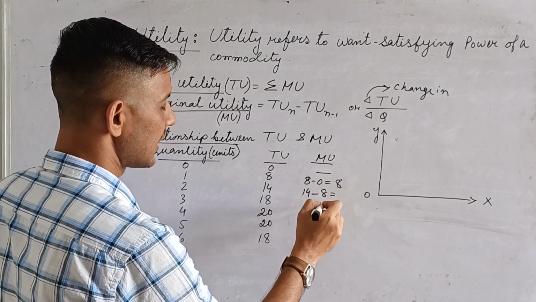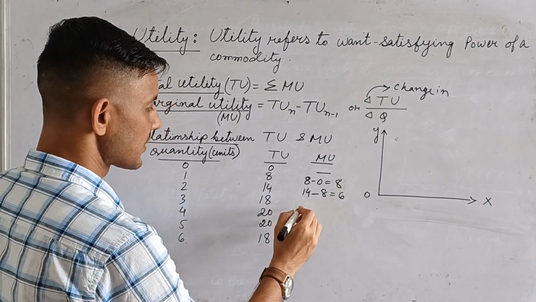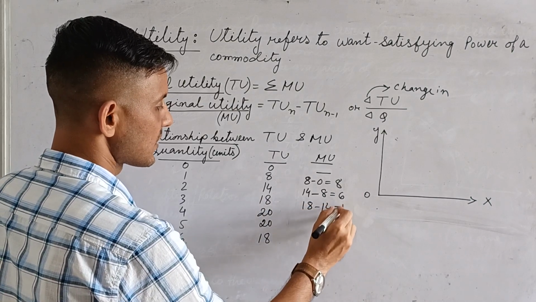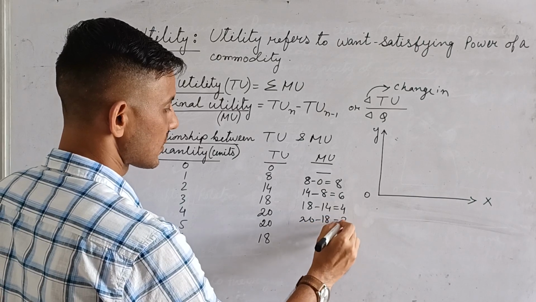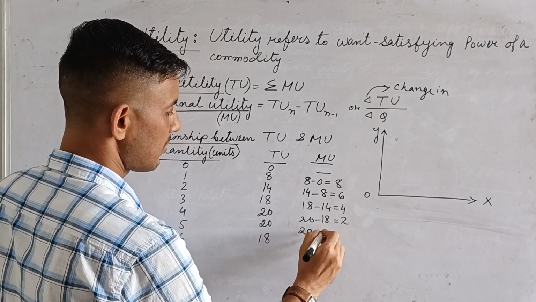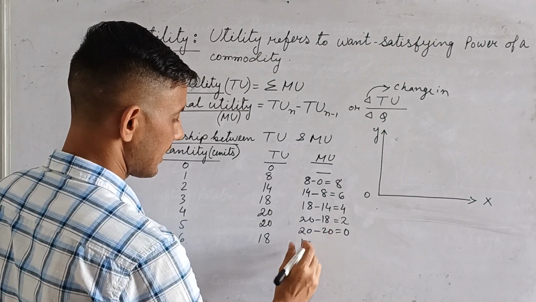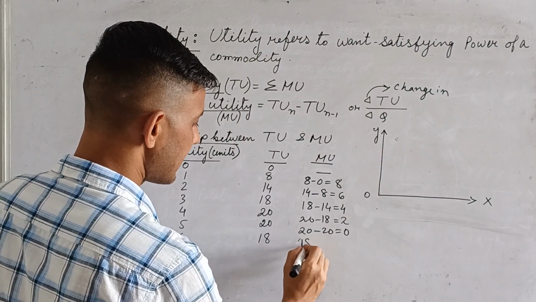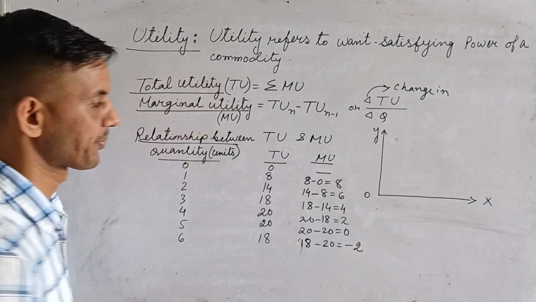Then marginal utility is what? 6. Then you see 18 minus 14 is equal to 4. 20 minus 18 is equal to 2. 20 minus 20 is equal to 0. And okay, then here 18 minus 20 is equal to minus 2.